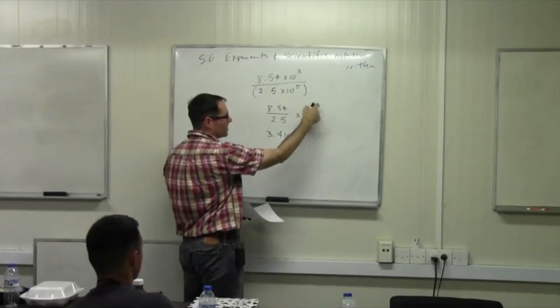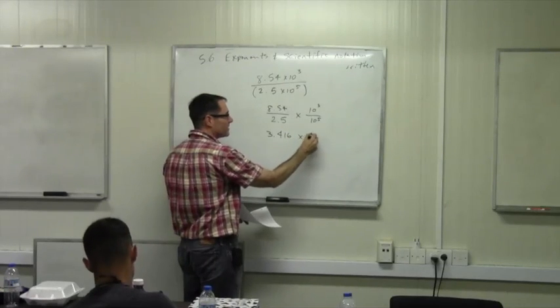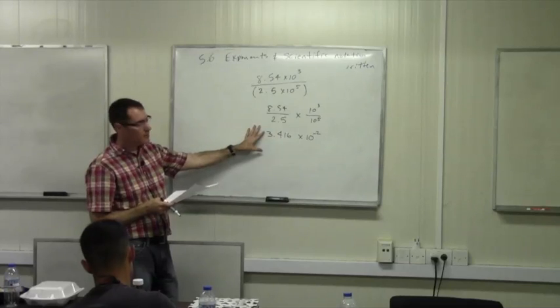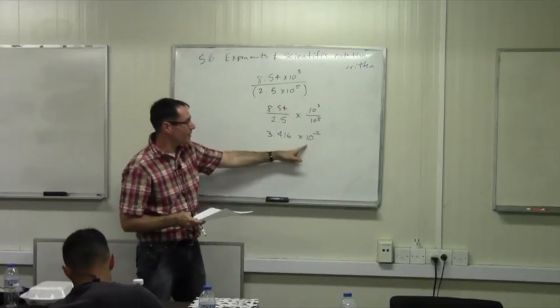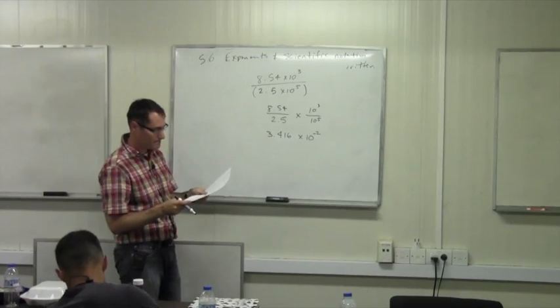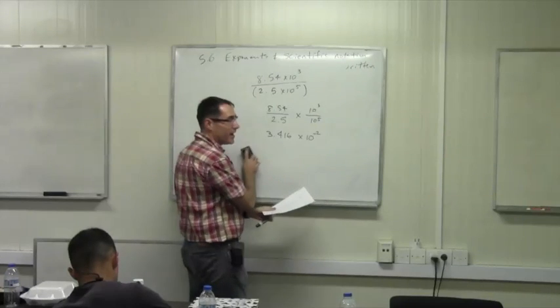And then you do this. 3 minus 5 is negative 2, times 10 to the negative 2, like that. Okay? And then you did this part, and you did this part, and you ended up with just the answer like that. Okay? Try this one.